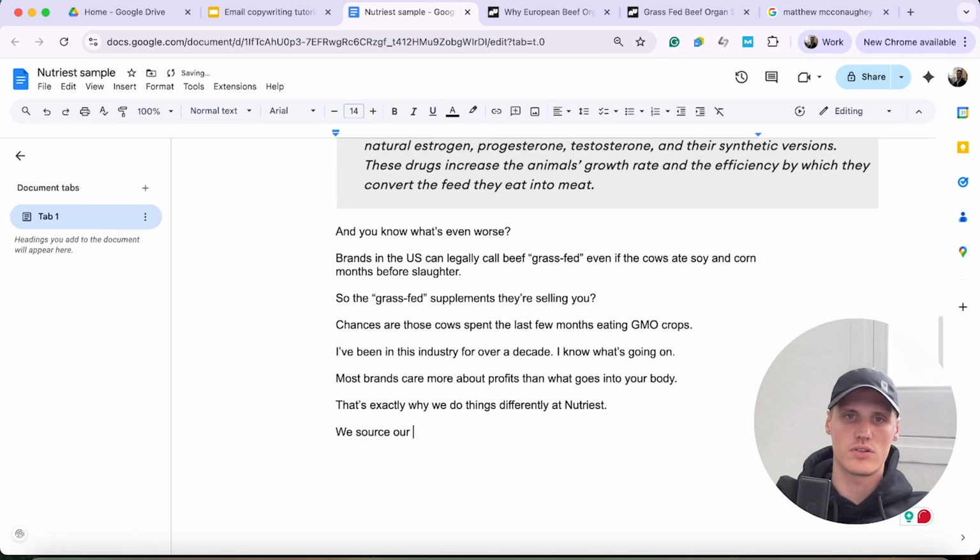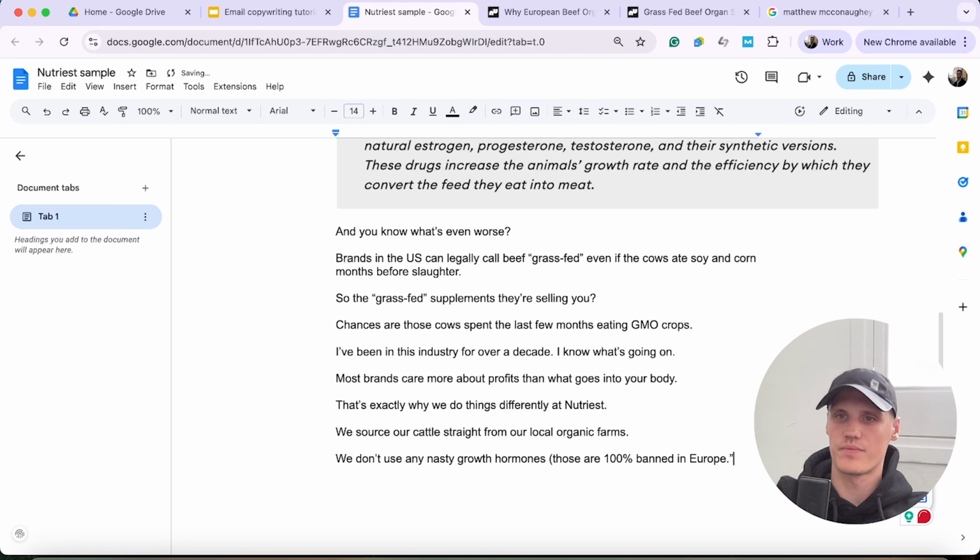So we source our cattle straight from local organic farms. We don't use any nasty growth hormones, and those are 100% banned in Europe. And our cows are grass-fed from birth.